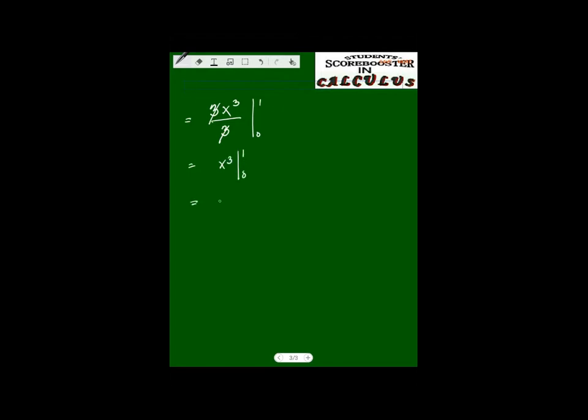Now I'm going to use the limits. The first limit is 1, so when x is equal to 1, I'm going to have 1 raised to power 3 minus, when x is equal to 0, 0 raised to power 3. 1 raised to power 3 is 1, 0 raised to power 3 is 0, and my final answer is 1. As simple as that.